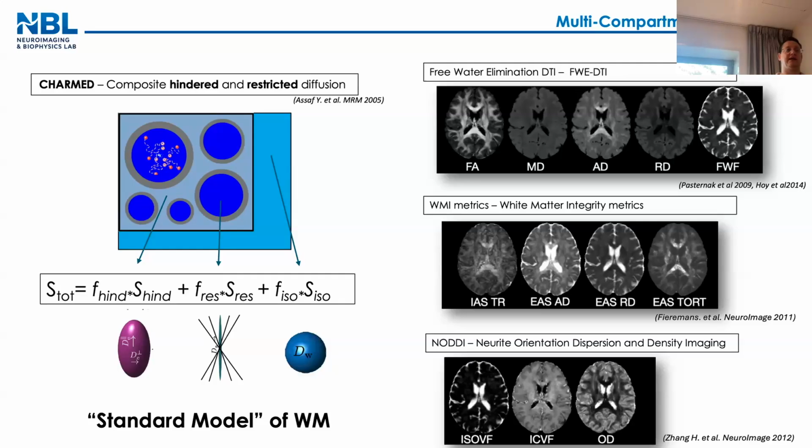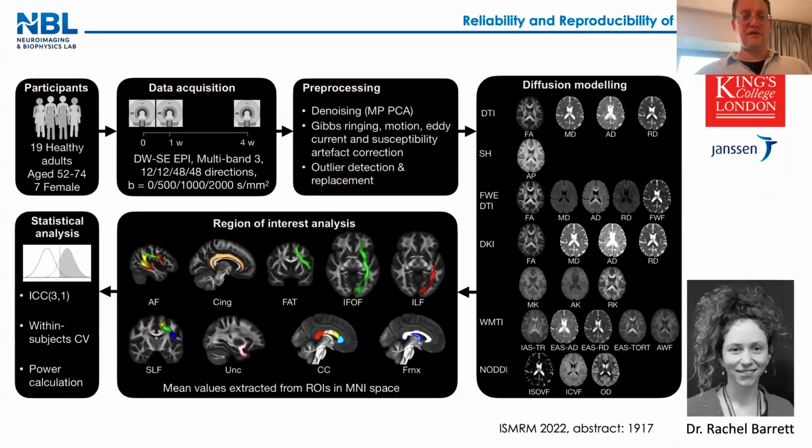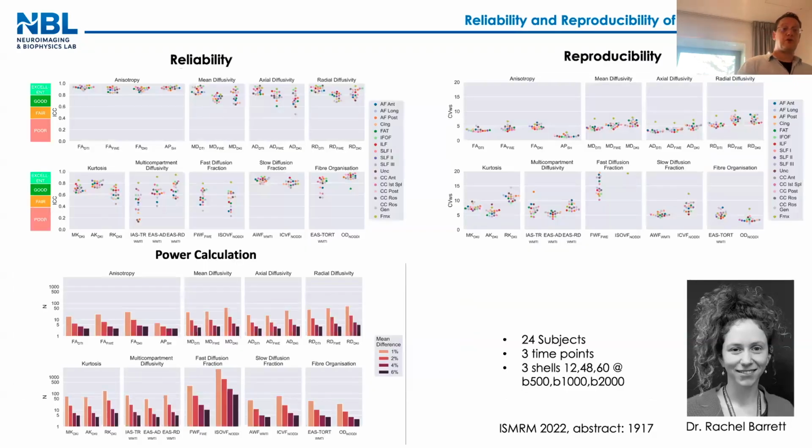It's a bit heavy mathematically, but what it's telling you is that you can divide different compartments with different equations, and then you feed the different equations in different ways. Then you have NODDI, free water, white matter integrity. There are different variations on the same thing, okay? So you can do many things with the same data. As long as you have multi-shell data, you can fit different models, and each one of them has different characteristics. What is important to realize is this.